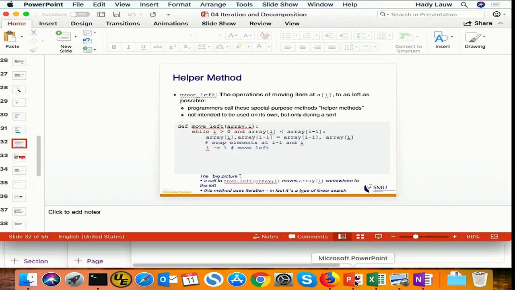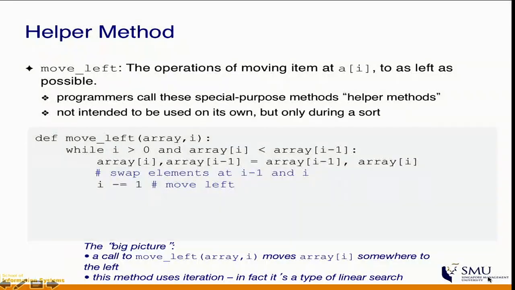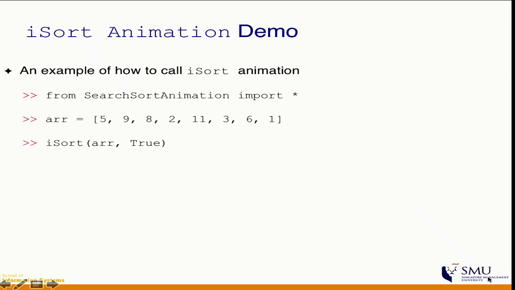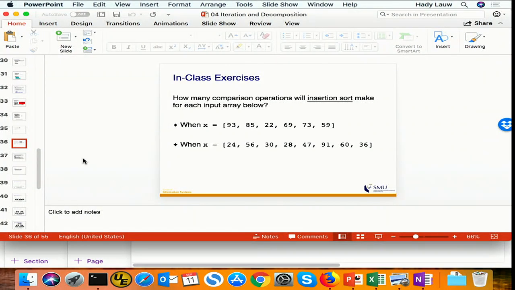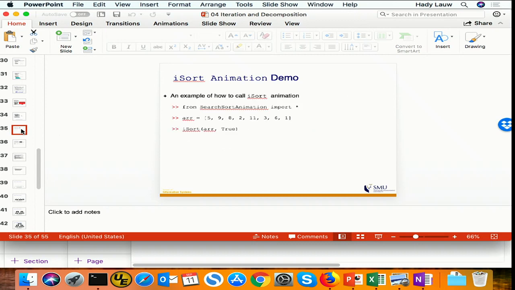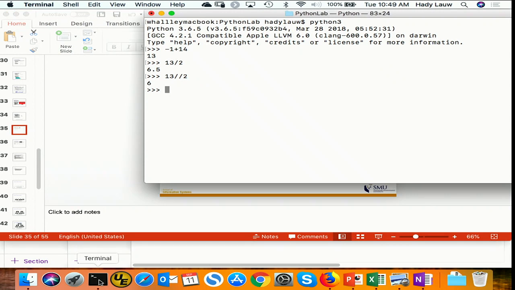Now, to get a little bit more familiar with this, what we'll do is to look at a couple of examples again. So here, you are given a couple of in-class exercises for you to try and see how many comparisons you need. But before that, let me just revisit this Python library so that you understand that you can actually use it for your own learning.